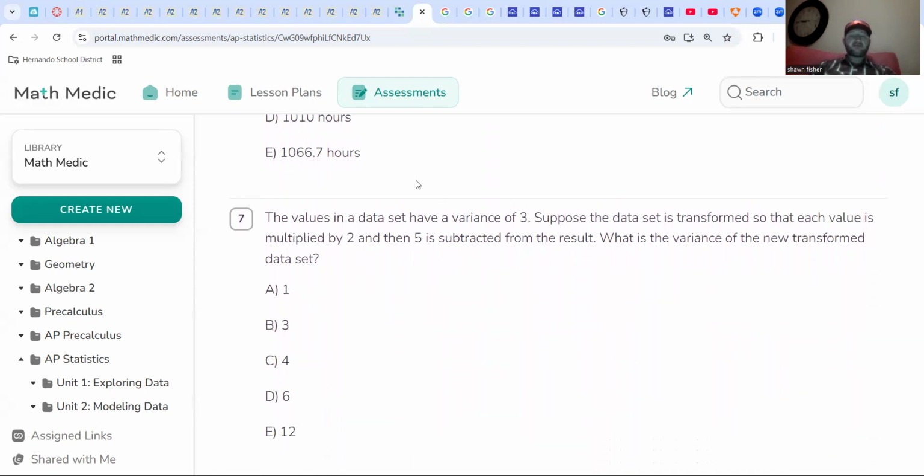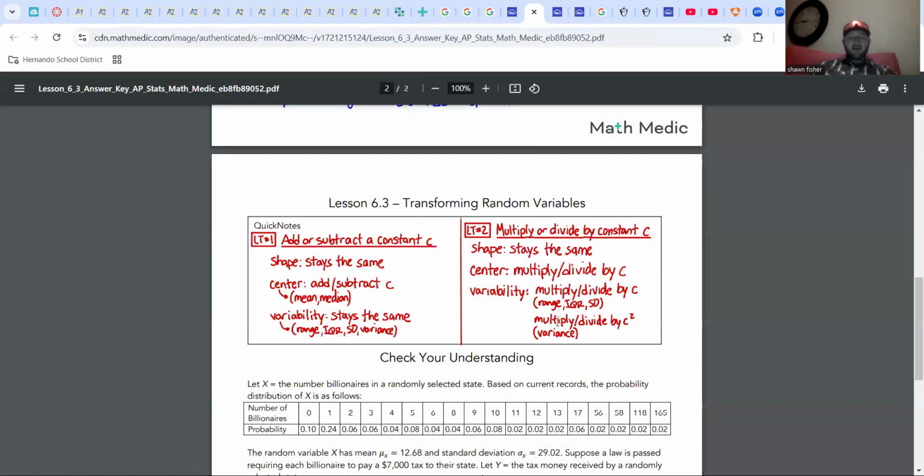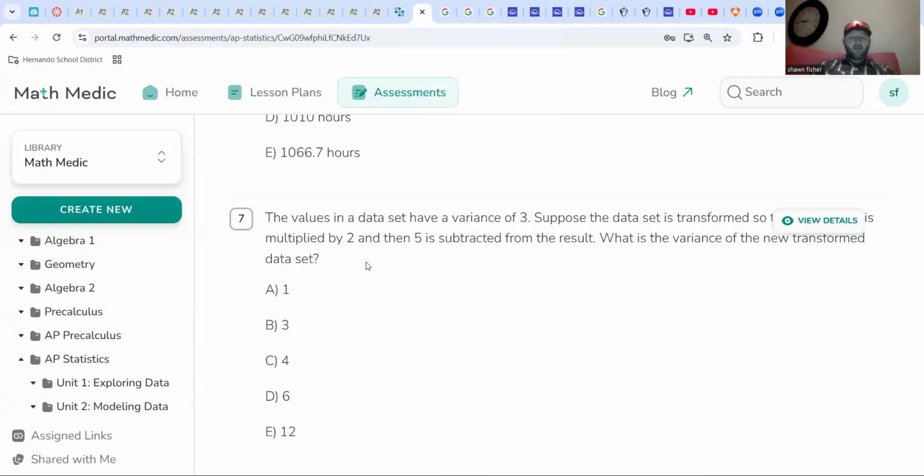All right, the values in a data set have a variance of 3. Suppose the data is transformed. We didn't talk about variance as much, but if we look at our notes, when we do variance, we're going to multiply or divide by whatever that constant is, squared. Well, the values have a variance of 3.